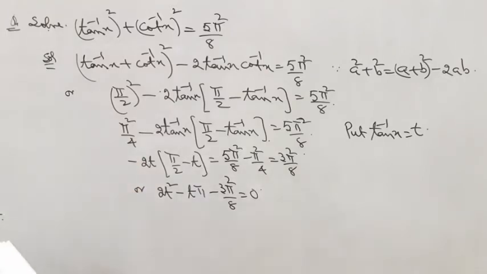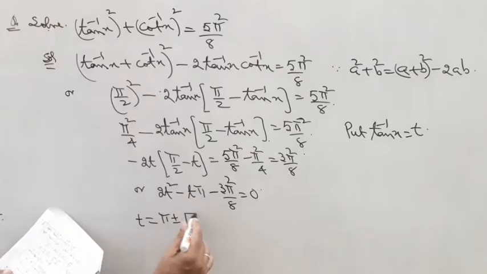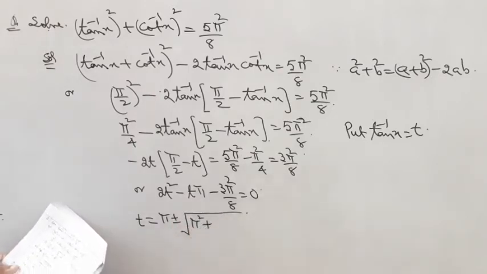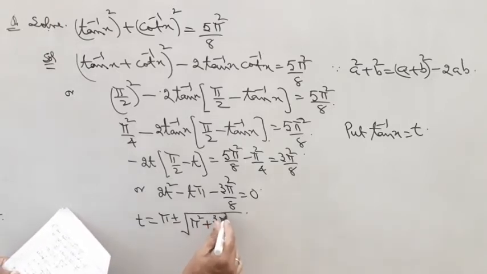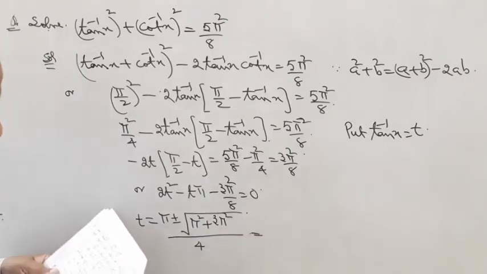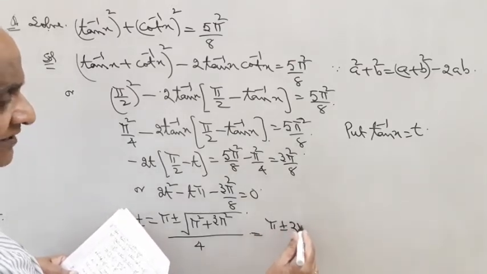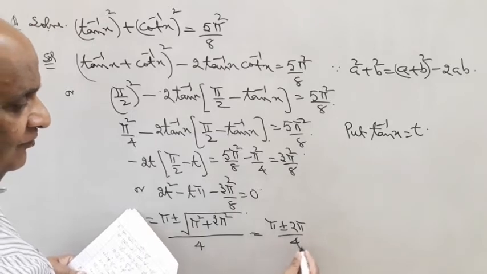Or in this case, it's a quadratic in t. Therefore, t is equal to pi plus minus under root of pi square plus 3 pi square, this, upon 4. This is equal to pi plus minus 2 pi upon 4.